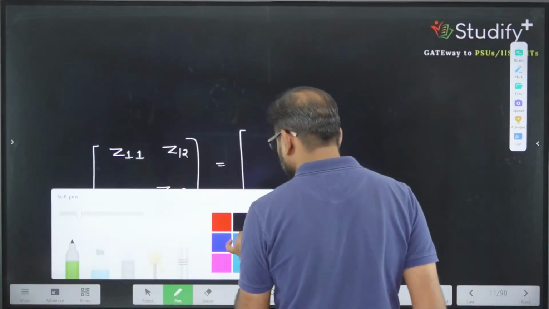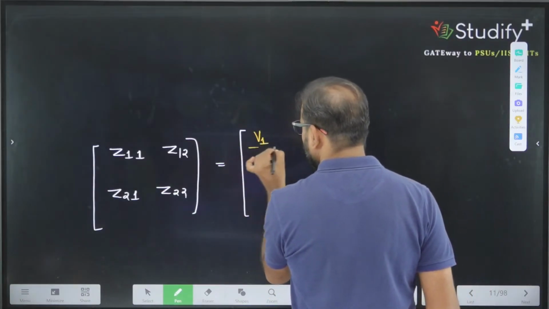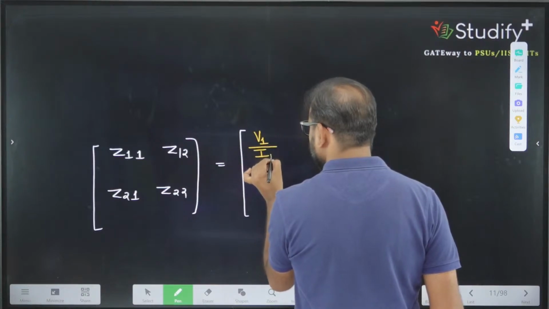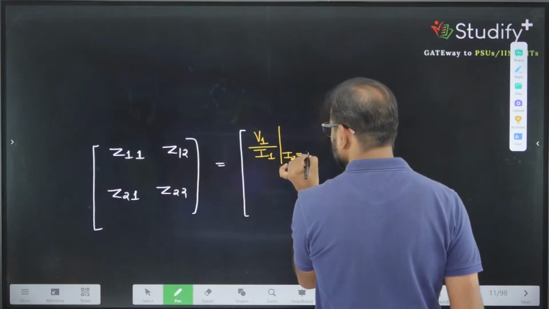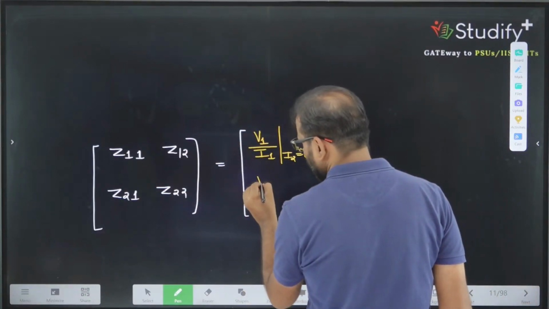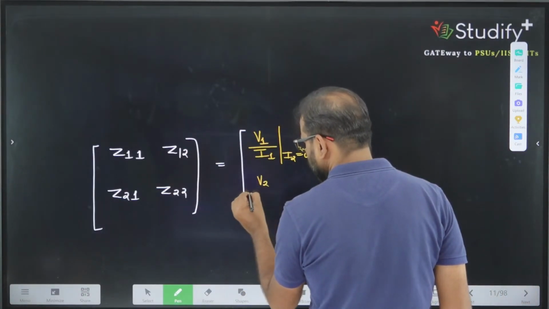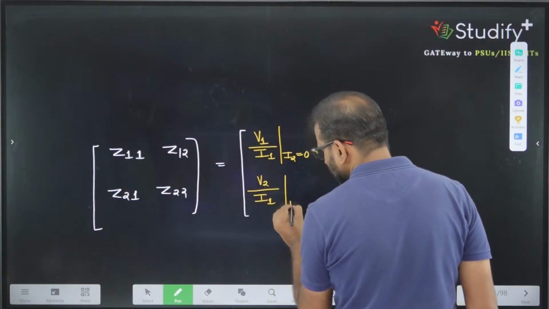What is the meaning of Z11? Z11 is the ratio of V1 divided by I1, by making I2 equal to 0. And Z21 is the ratio of V2 divided by I1, by making I2 equal to 0.